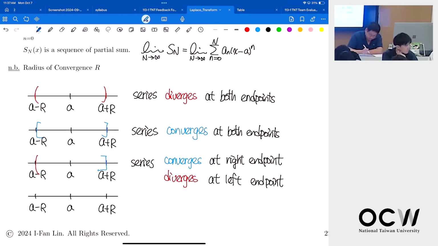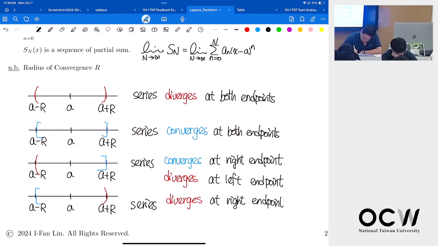If we switch, okay, bracket on the left-hand side, parenthesis on the right-hand side, then the series diverges at the right endpoint and converges at the left endpoint.